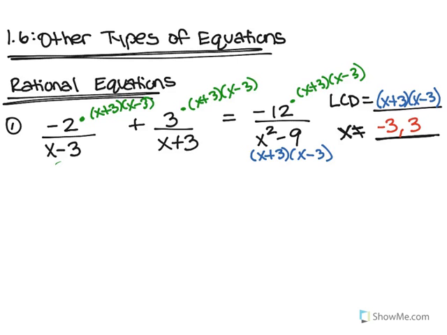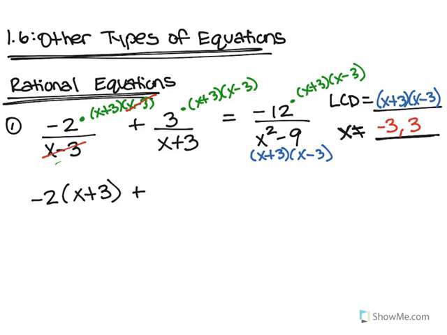For instance, this bottom is x minus 3. So the x minus 3 that I'm multiplying by cancels. So I have to multiply negative 2 by x plus 3. Does everybody see what I just did? You multiply your top by the one that is not the same as the denominator. Does that make sense? Okay, let's move on.